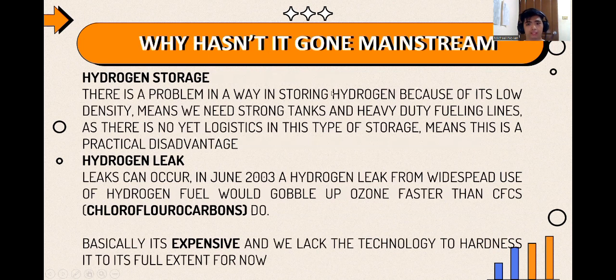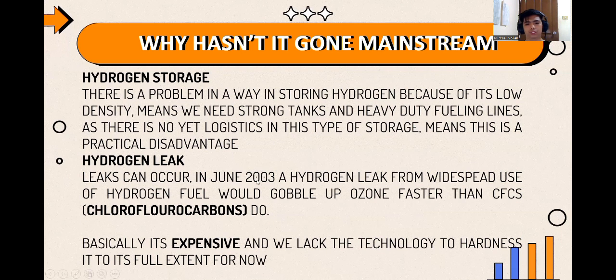And why hasn't it gone mainstream? Again, the reasons: hydrogen storage. There's a problem in storing hydrogen because of its low density. Means we need strong tanks and heavy duty refueling lines, as there is no logistics yet for this type of storage. Means it's a practical disadvantage. So yeah, hydrogen leak. A leak can occur.